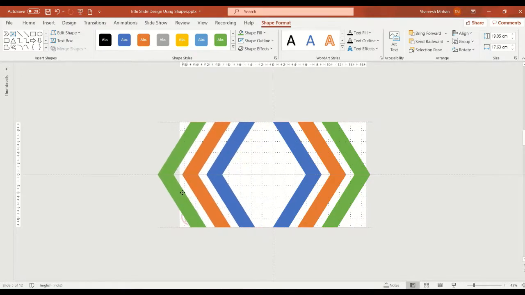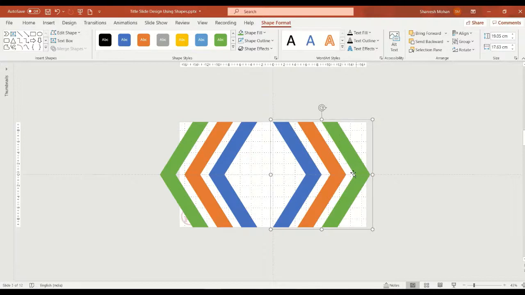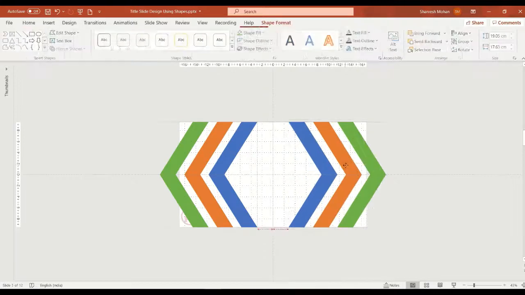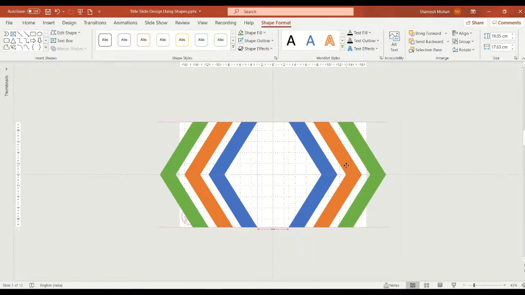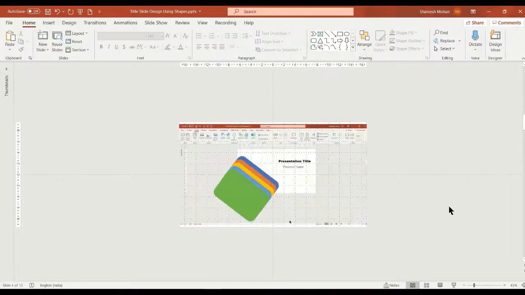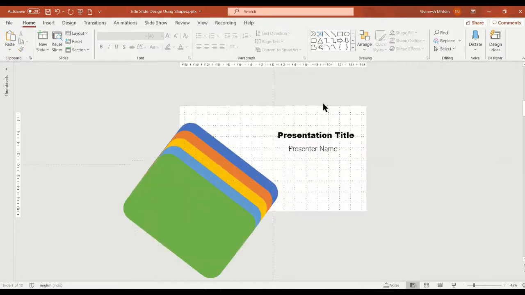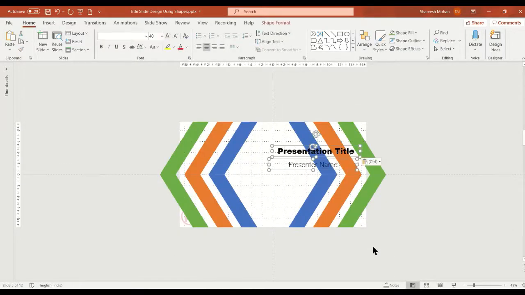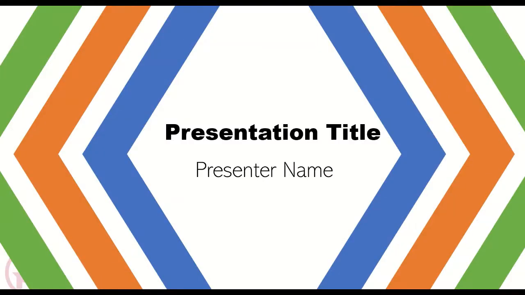Let's put it like this, and also slightly adjust, and we'll go back to the title slide. We'll copy this and paste it here in the center of the slide. So now we created the presentation title using the arrow.